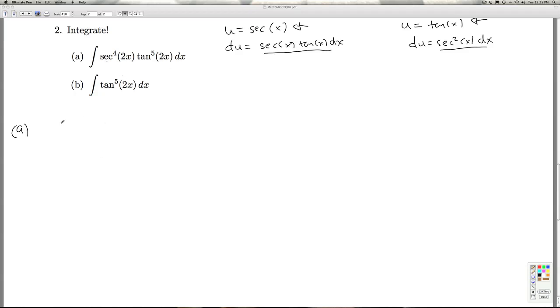Can I keep a secant tangent back and convert what's left over into secant? So if I keep a secant tangent back, I'd get secant cubed 2x, tangent to the fourth 2x, and then I'd have a secant 2x, tangent 2x dx. So that would be what I'd be thinking about keeping for the du here.